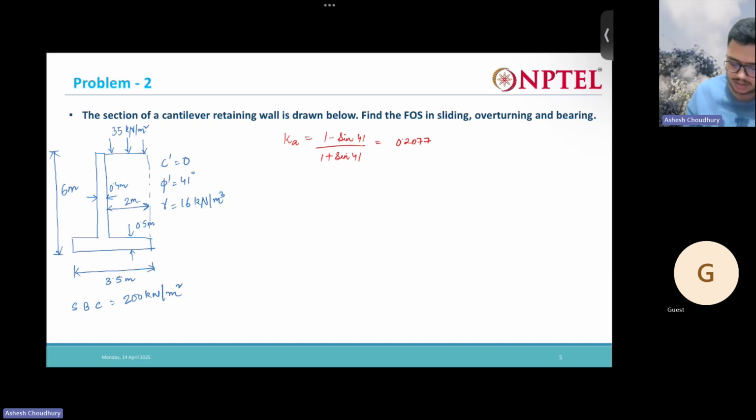Okay, so we got the Ka, and then we have the PA. PA is what? K times gamma Z plus Q, right? That's all. Total pressure. This is the pressure.